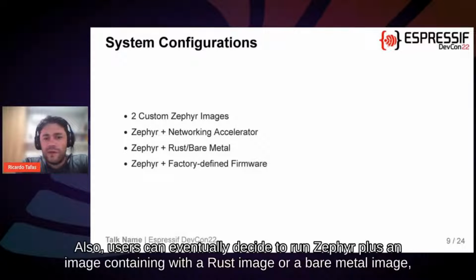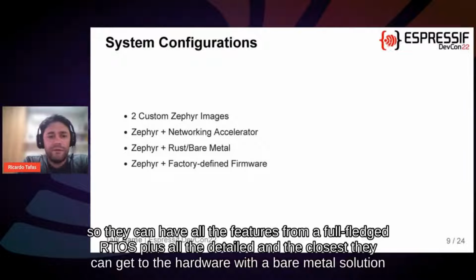Also, users can eventually decide to run Zephyr plus an image containing a Rust image or a bare metal image. So they can have all the features from a full-fledged RTOS plus all the detail and the closest they can get to the hardware with a bare metal solution.